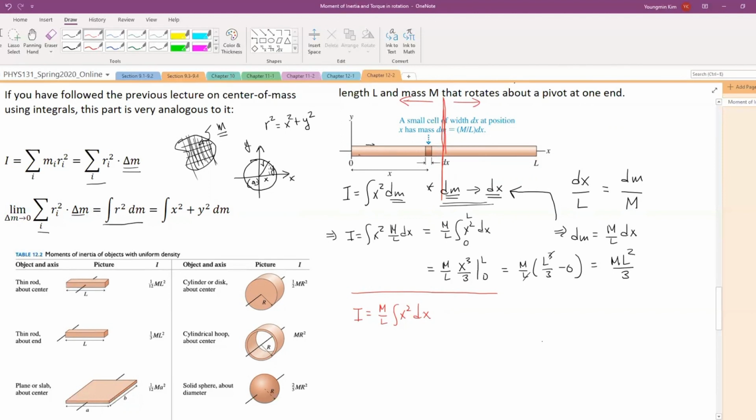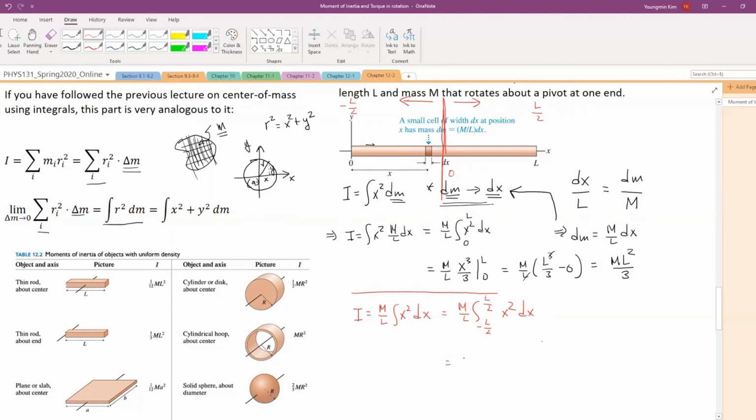It is as if you're adding two integral parts, from 0 to L over 2 and from L over 2 to L. I'm going to set 0 in the middle to make the situation a little easier. So I am simply integrating x squared dx from minus L over 2 to plus L over 2. Because from 0 here, this would be minus L over 2, and here is plus L over 2.